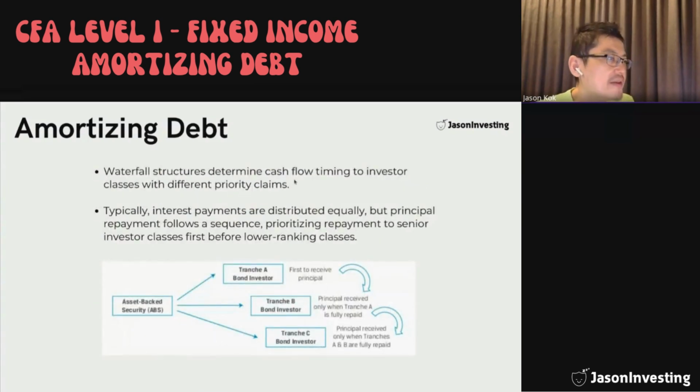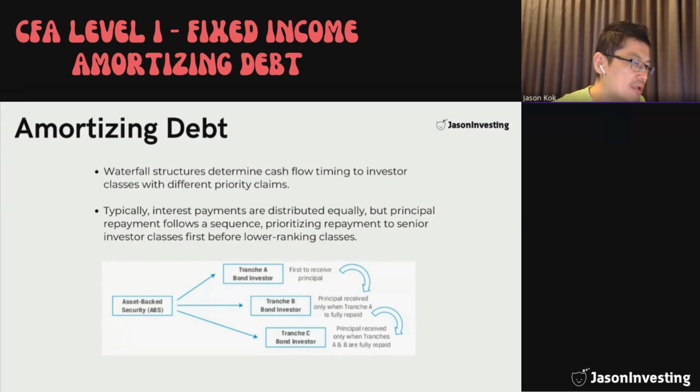Waterfall structures determine cash flow timing to investor classes with different priority claims. They are divided into different seniority, and in this case, different tranches. So the first tranche will be the first to receive the principal. We will cover this more in the future because these are like securitized mortgage-backed securities, whereby you split the loan payments into different tranches.